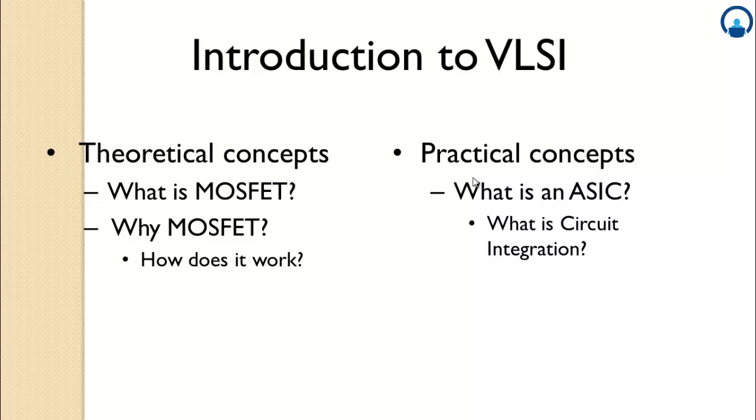It's also a successor of the FET, field effect transistor. So we can ask ourselves: why are BJTs not being used, and why do we use MOSFETs instead of BJTs? We will come to know all those things in further slides, and we'll also study how a MOSFET works, and what aspect of the operation of the MOSFET we use for practical applications. Okay, so with this in mind, we'll go to the next slide.